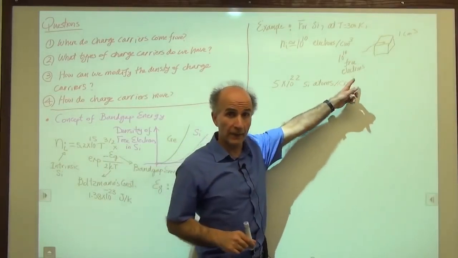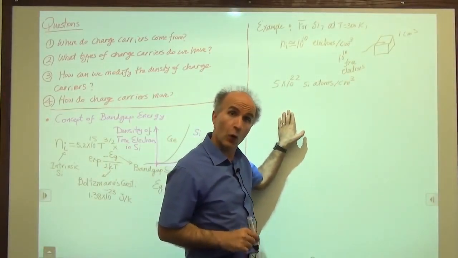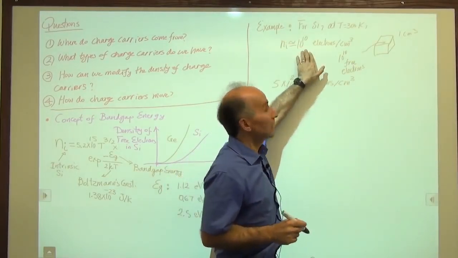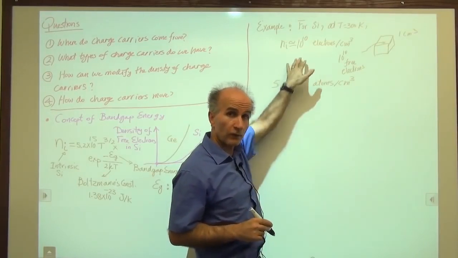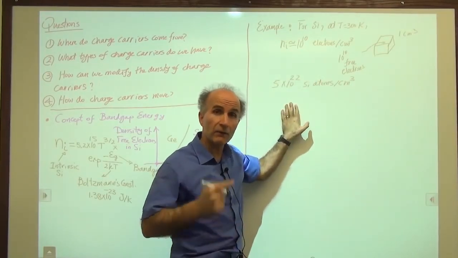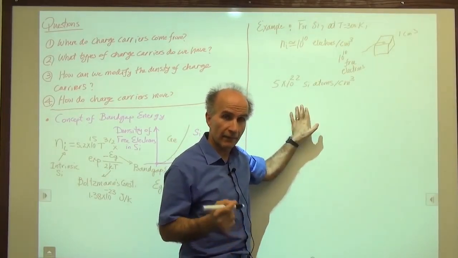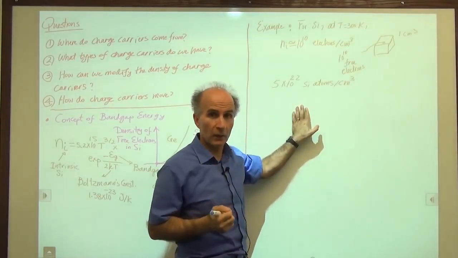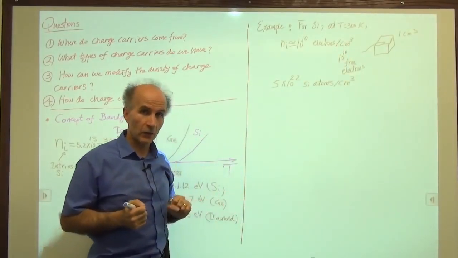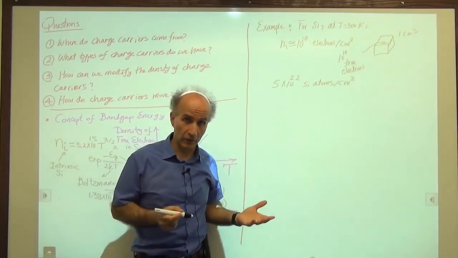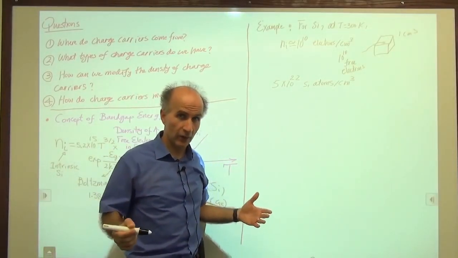So in this little piece here, we have this many atoms, and of those, only this many electrons have been freed. So if you look at the ratio of these two, we see that a very, very small percentage of the atoms of silicon have actually released an electron with this thermal energy that's available. All right? So that's why we say this is a semiconductor. We don't have an abundance of electrons for current conduction.